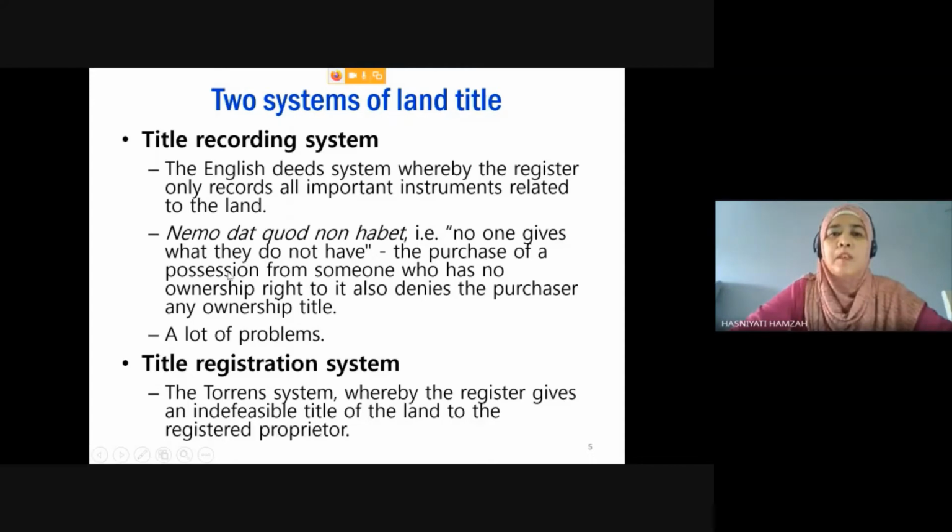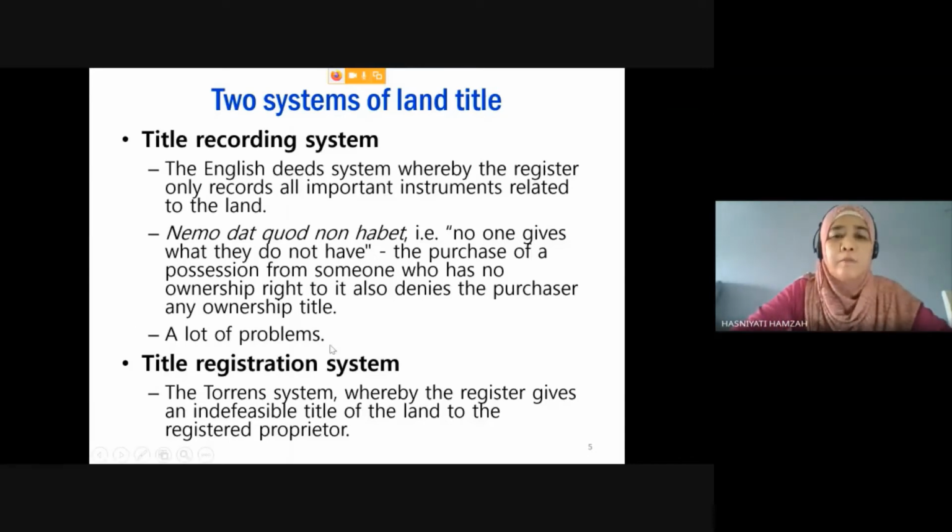The purchase of a possession from someone who has no ownership right to it also denies the purchaser any ownership title. So no one gives what they do not have. If the landowner's chain of ownership was broken somewhere, say in the 18th century or the 19th century, he has no title now. There's no title, and if there's no title, he cannot sell it to somebody else.